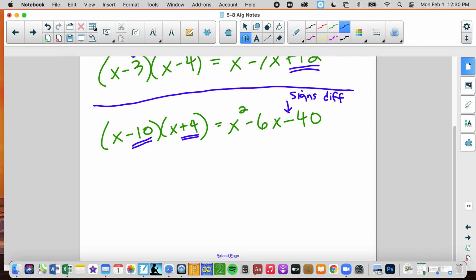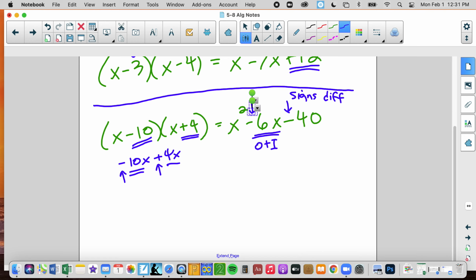Now here's my outside and inside. Remember, this is still the combination of the outside and the inside, where we have negative 10x and positive 4x. So we know that one's going to be negative and one's going to be positive. And since we have more negatives than positives, my remainder is going to be negative.